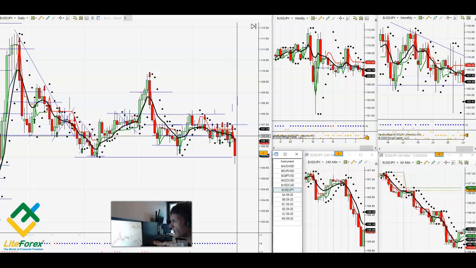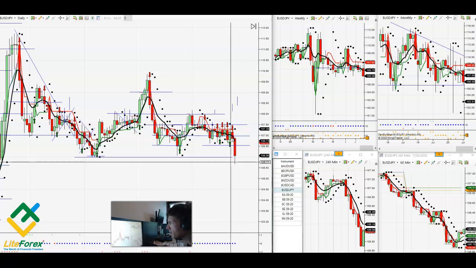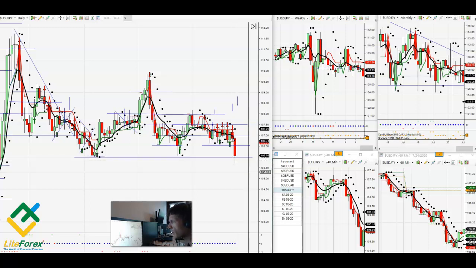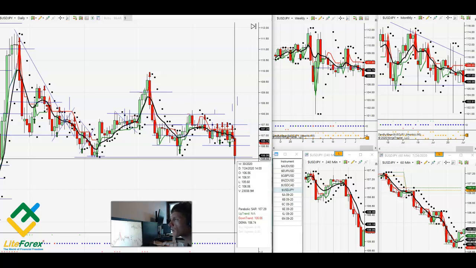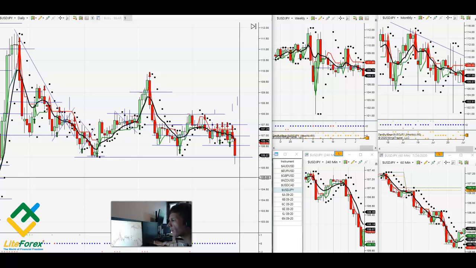What I was waiting for was a break below 106.50 or a break above 107.50. Well, we definitely broke below 106.50, and that is quite interesting. What's also interesting is that it's holding 106 support. You can see it dip below 106 support, hitting a low of 105.68, but closing back above 106.